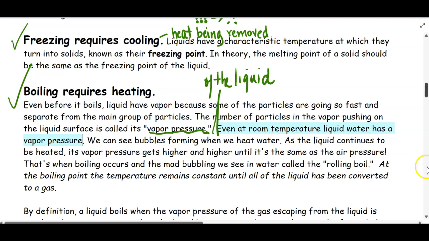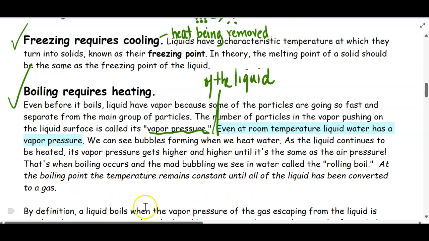As the liquid continues to be heated, its vapor pressure gets higher and higher until it's the same as the air pressure. Oh, the vapor pressure of the liquid gets as high as the air pressure surrounding it. That's when boiling occurs.